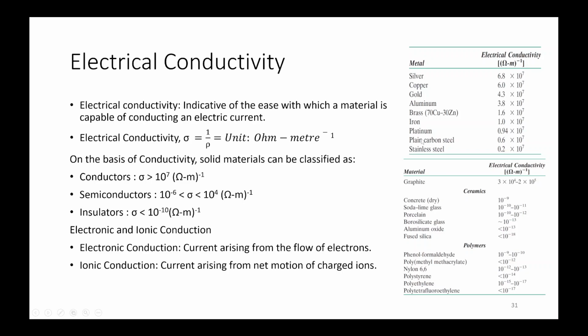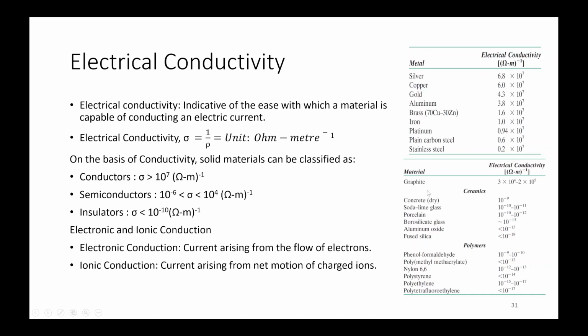Now these are the metals and their electrical conductivities. Silver has the highest, 6.8, then copper has a little bit lower, 6, and lower are gold, aluminium, brass, iron, platinum, plain carbon steel, stainless steels.